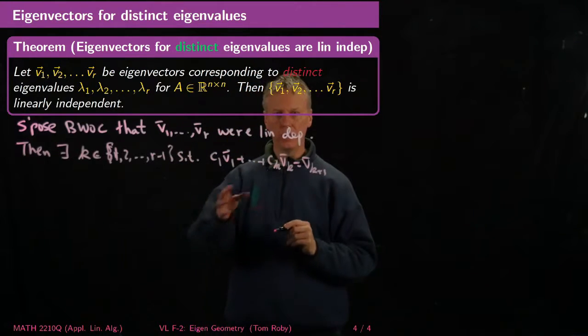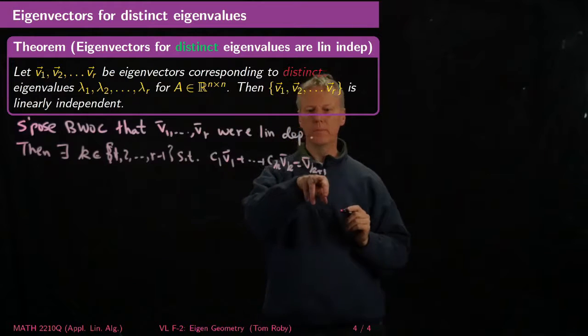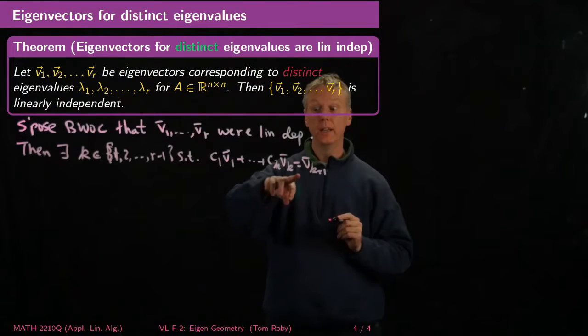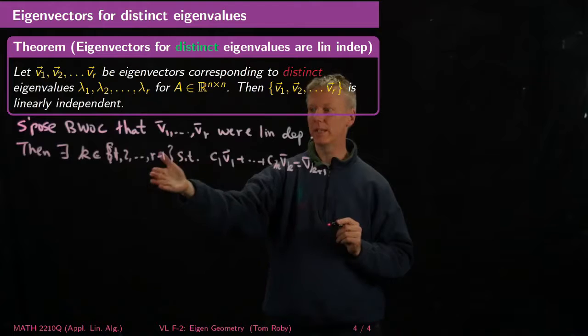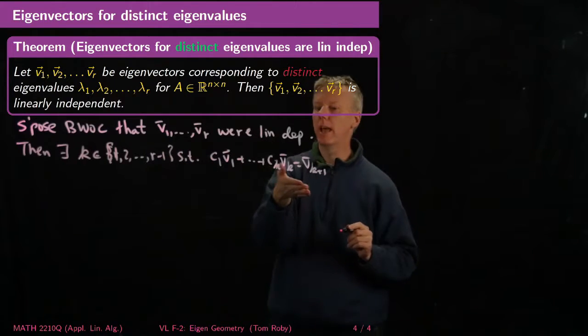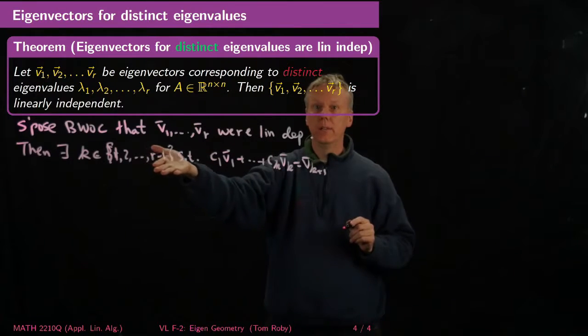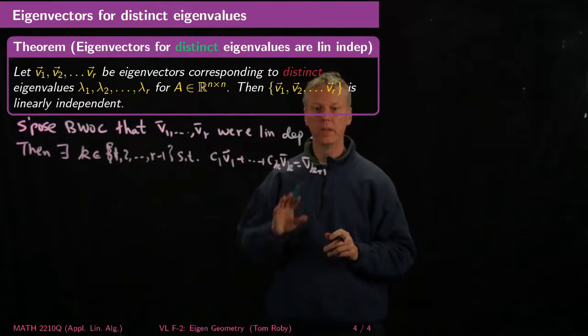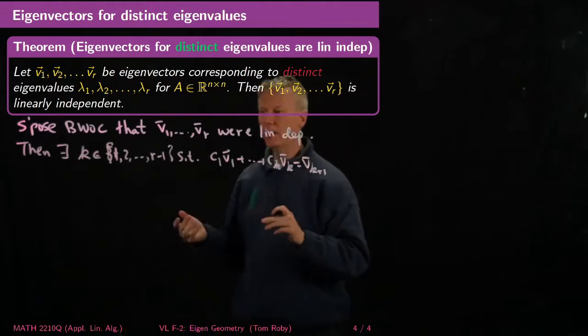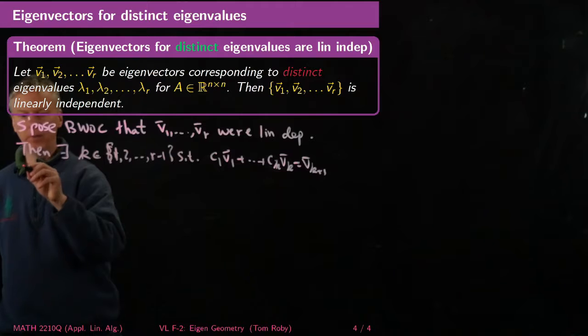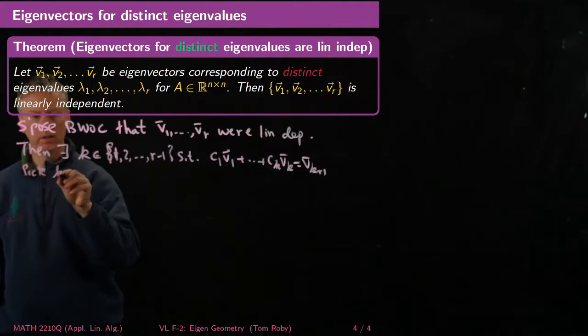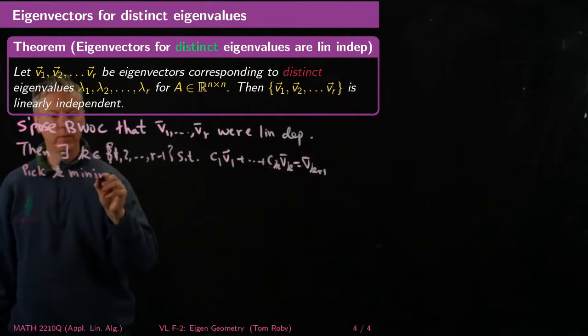Okay? So there's some v(k+1) that we can write as a linear combination of the previous ones. This has to happen at some stage, because if it doesn't happen before that, it has to happen for the rth one. Okay? So now, we can pick k minimal with this property.